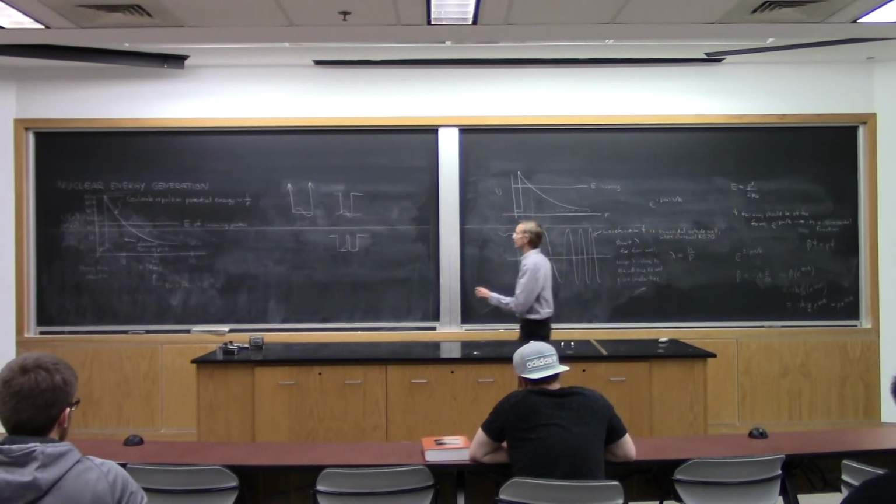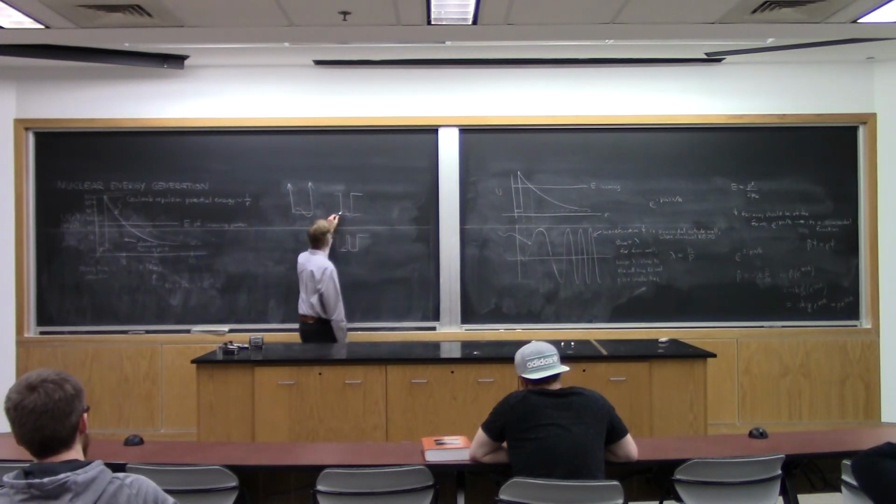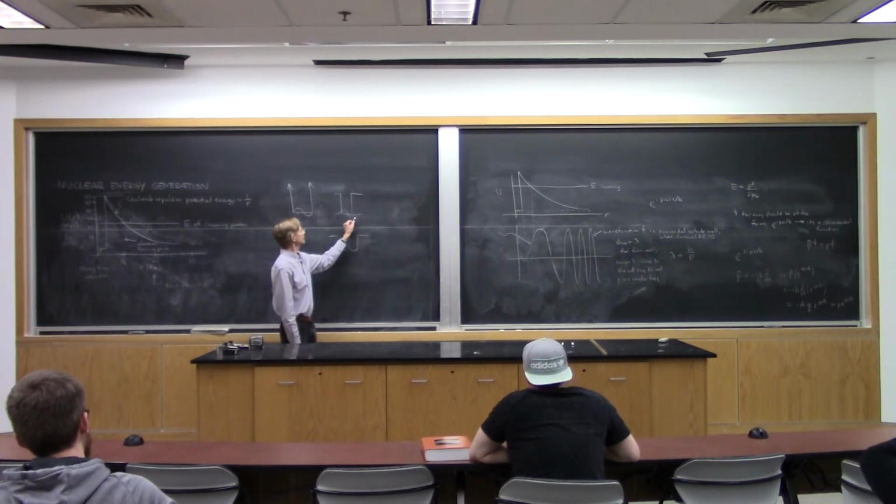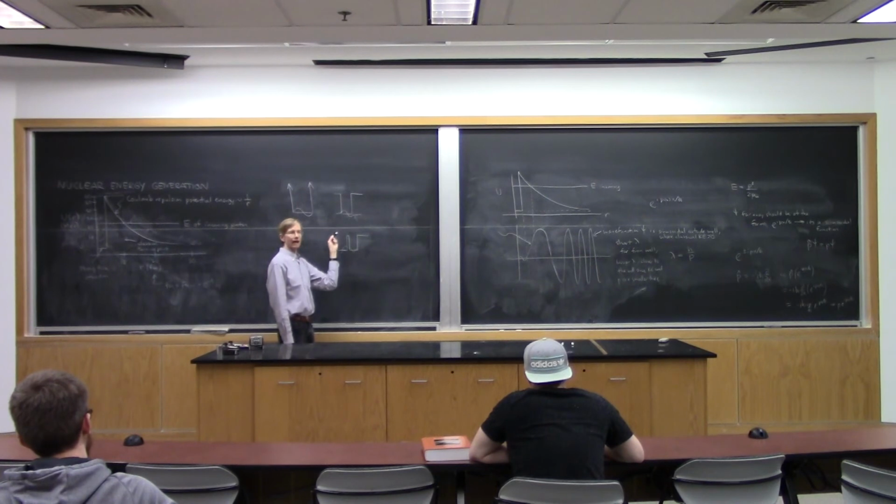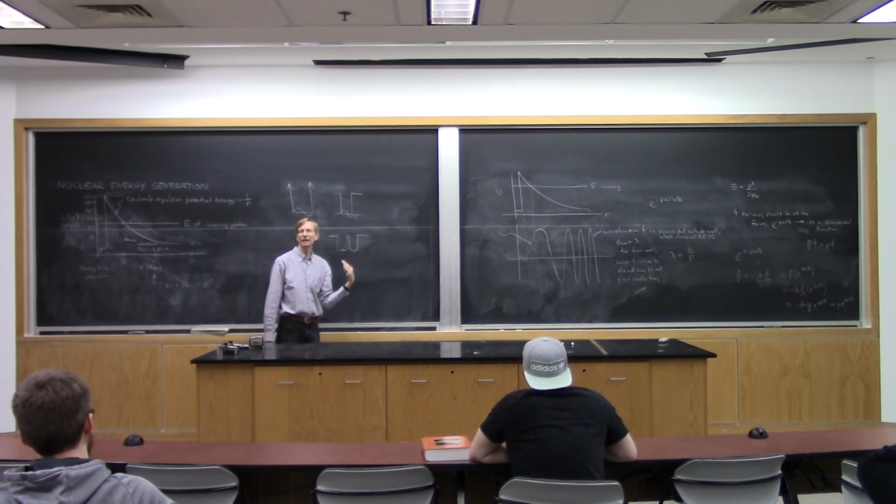So in the finite square well, it's sinusoidal inside the well. Outside the well, it's like an e to the i kx kind of thing. Outside the well, you get rid of the i in the exponential. It's an exponential decay outside the well.